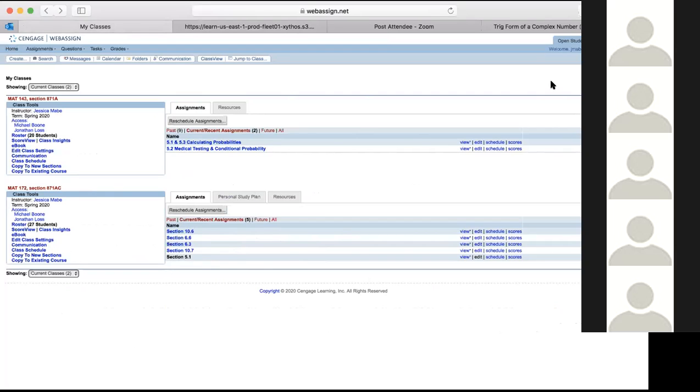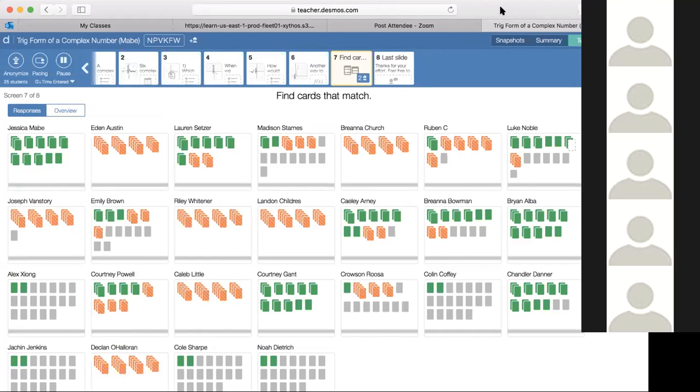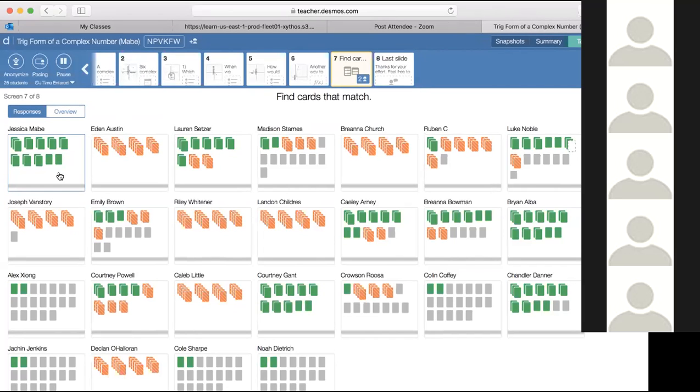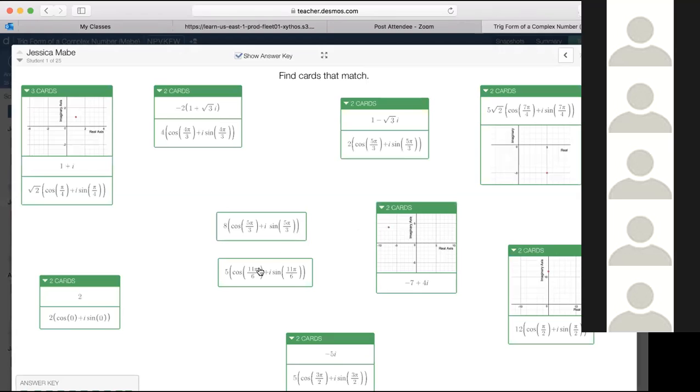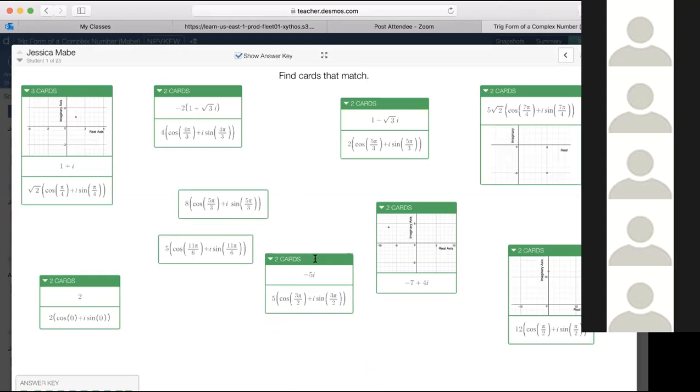So let me take us back to this part really quickly. I want to make sure that anyone who's watching it later gets to go back and take a look at this key. One of the things to notice on this key is that there were 2 trig forms that did not have an A plus Bi form.